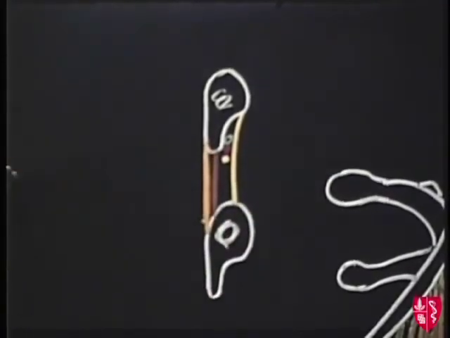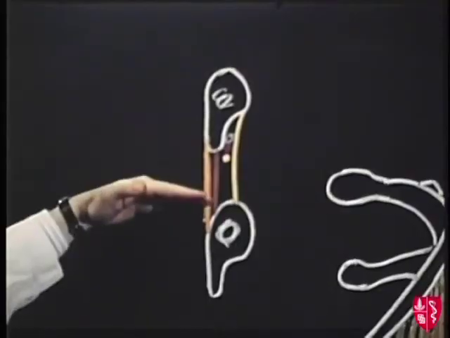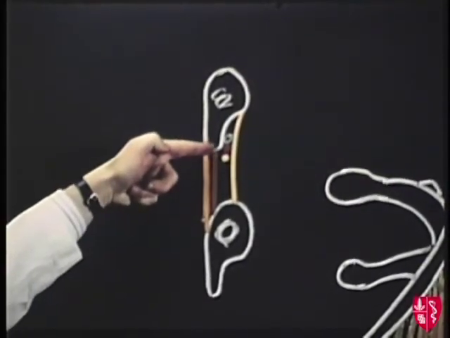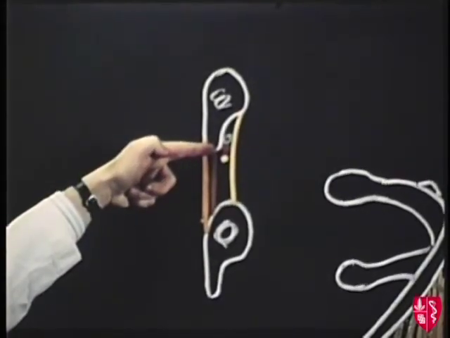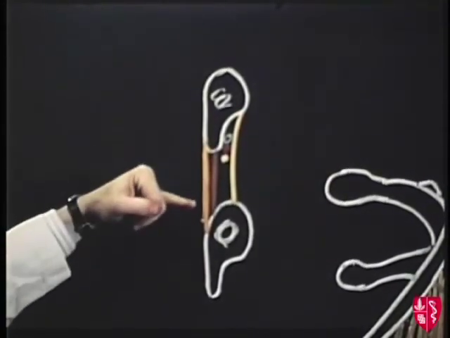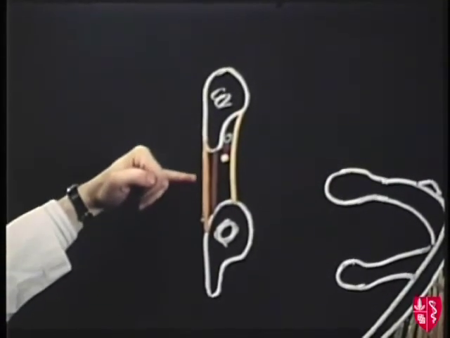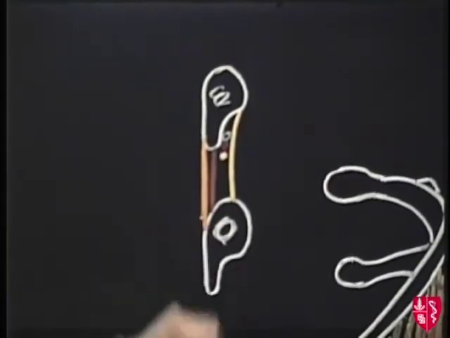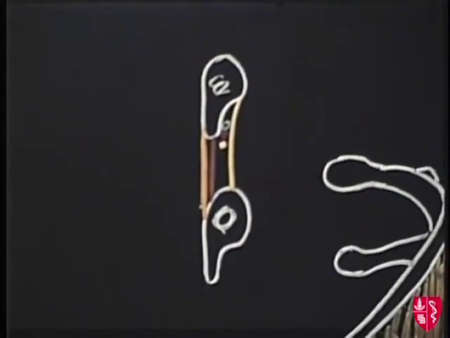So if you're going to pass a needle through here, keep close to the upper border of a rib rather than going close to the lower border of the rib. Damage to an intercostal nerve may give rise to paralysis of the intercostal muscles or even the abdominal muscles.